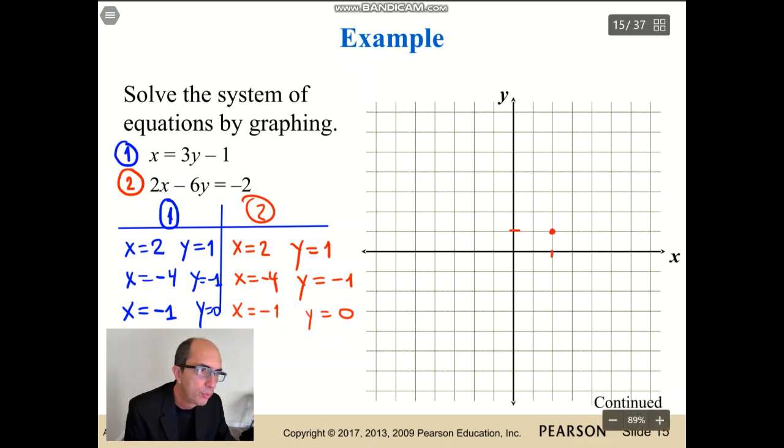X equals negative 4, y equals negative 1. And x equals negative 1, y equals 0.